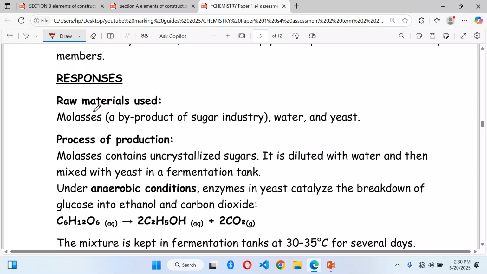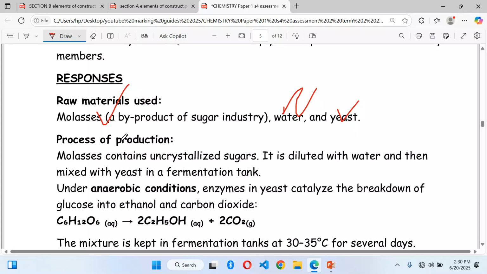Already this one has been given to us from the scenario that they want to convert the molasses into ethanol. So molasses, and we are saying that this is a byproduct of sugar industry. Then another one, we have water, and then we have also yeast.